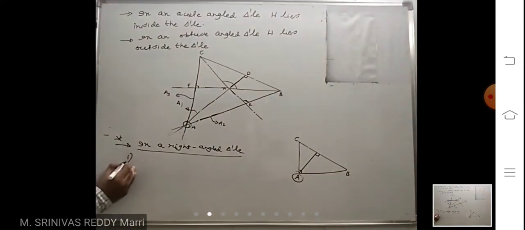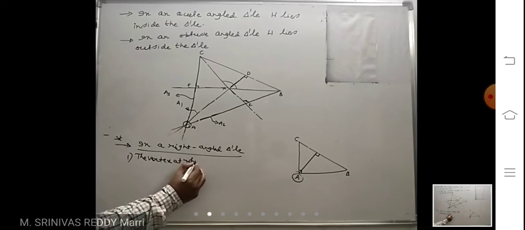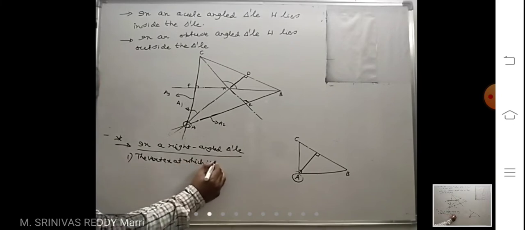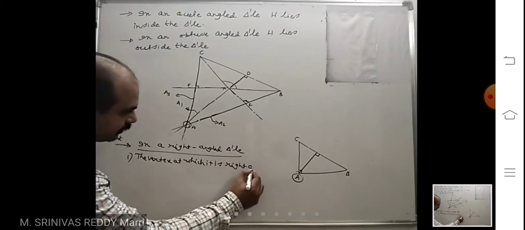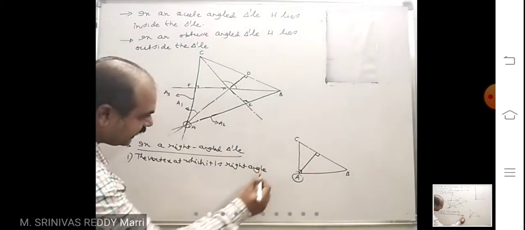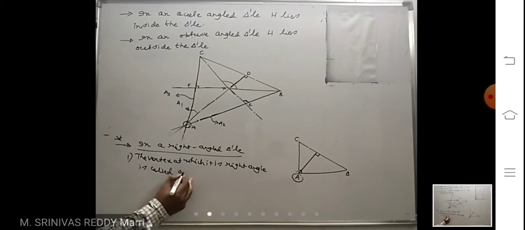In a right angle triangle, the vertex at which it is right angle is called orthocenter.